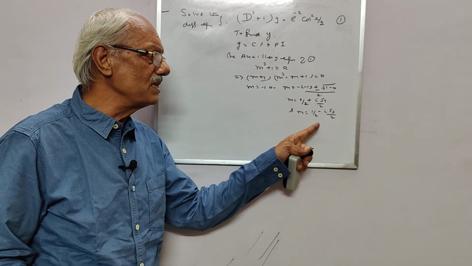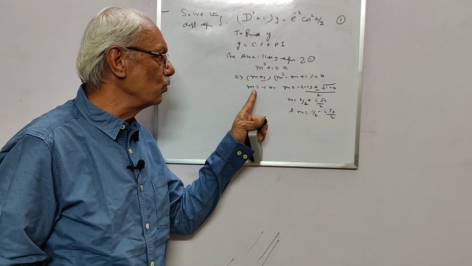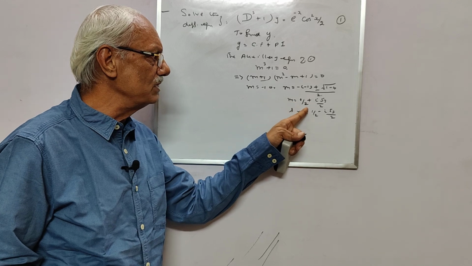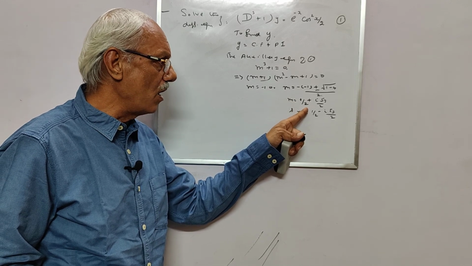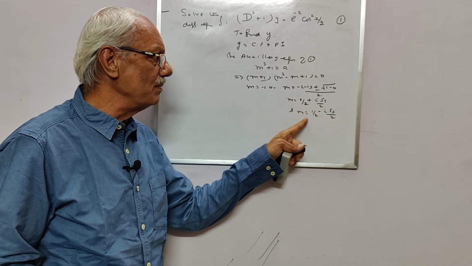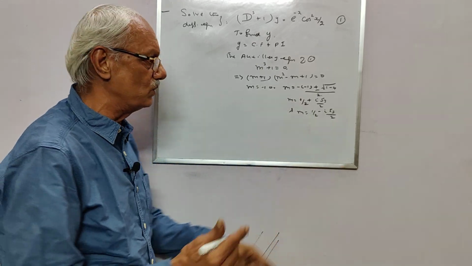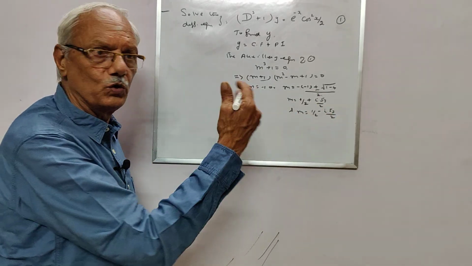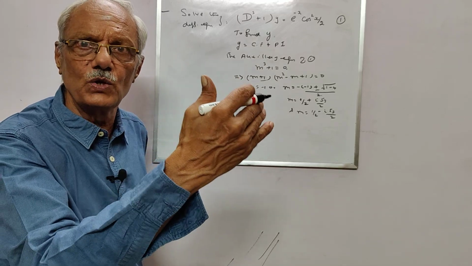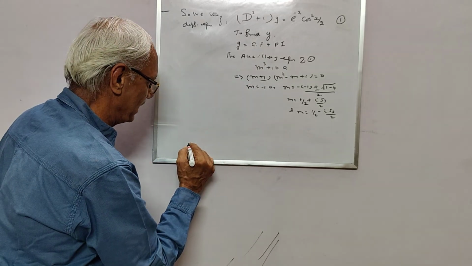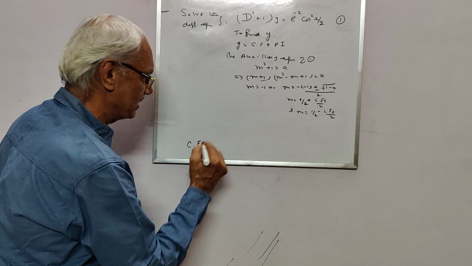Now the imaginary numbers occur in pairs, therefore the roots are m is equal to minus 1, m is equal to half plus i root 3 by 2, m is equal to half minus i root 3 by 2. Now having found the roots of the equation, I write the complementary function here.